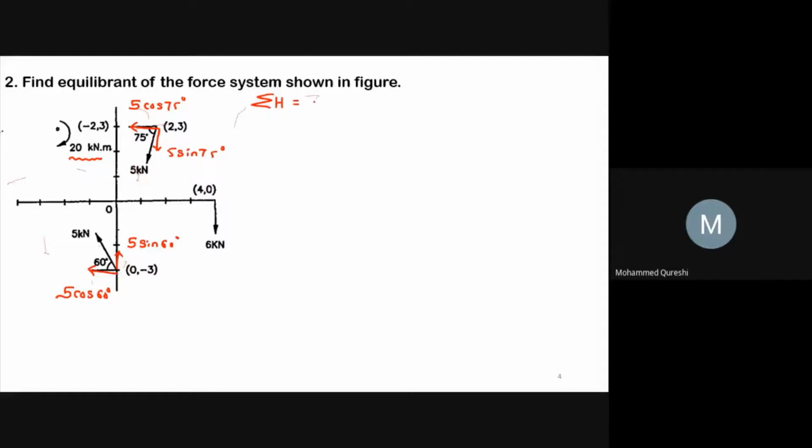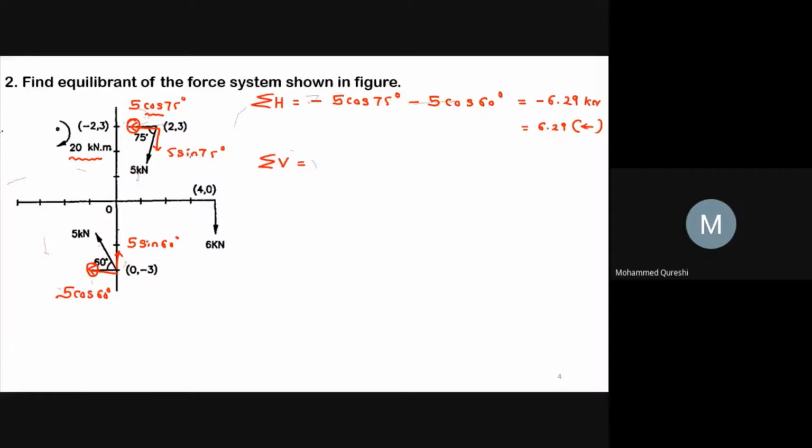So sigma h equals to your first horizontal force, that is 5 cos 75 degree, and it is going towards negative x-axis, hence it will be minus 5 cos 75 degree, and this 5 cos 60 degree is also going towards negative x-axis, so minus 5 cos 60 degree, which will be equals to minus 6.29 kilonewton, or equals to 6.29 kilonewton in this direction. Now we will go for value of sigma v.